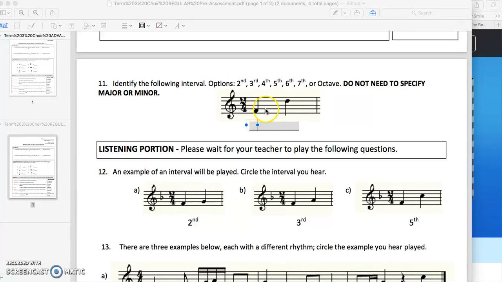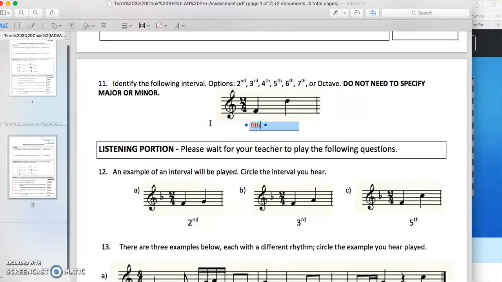This line is 2, 3, line 4, space is 5, and the second note, 6, sits on the 6th line or space above this note. So the name of this interval is a sixth, because we counted 6 lines and spaces in between these two notes, including those two notes.